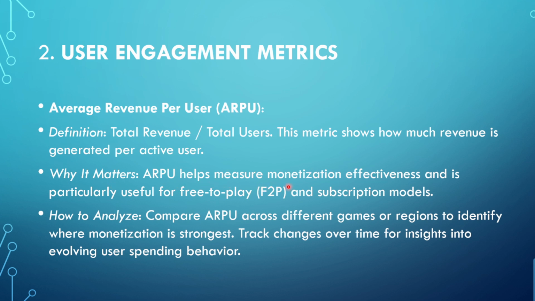ARPU helps measure monetization effectiveness and is particularly useful for free-to-play (F2P) games and subscription models. How to analyze? Compare ARPU across different games or regions to identify where monetization is strongest. Track changes over time for insights into evolving user spending behavior. So how much do they spend? So what is the behavior here?